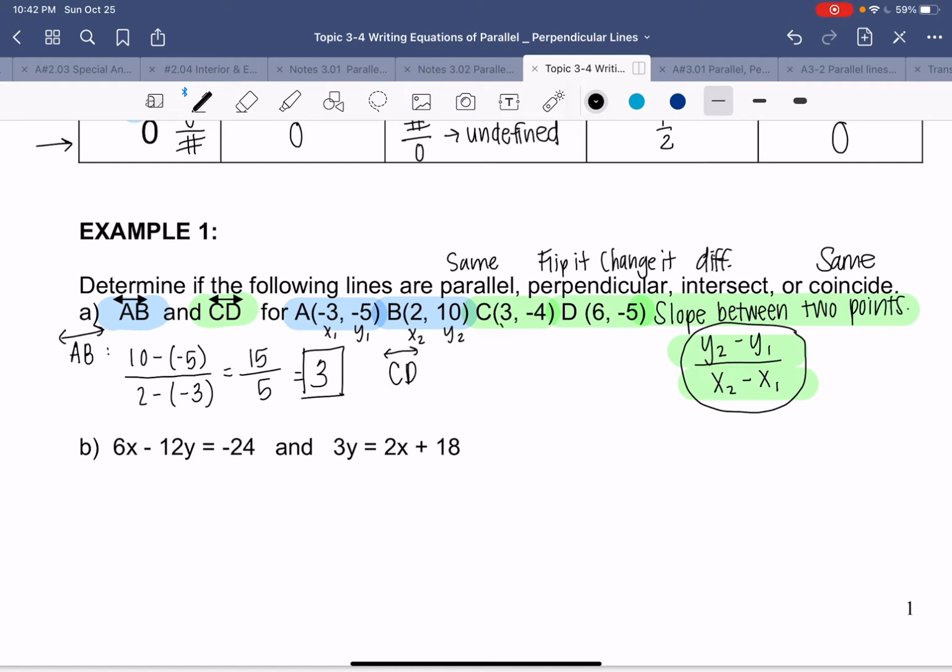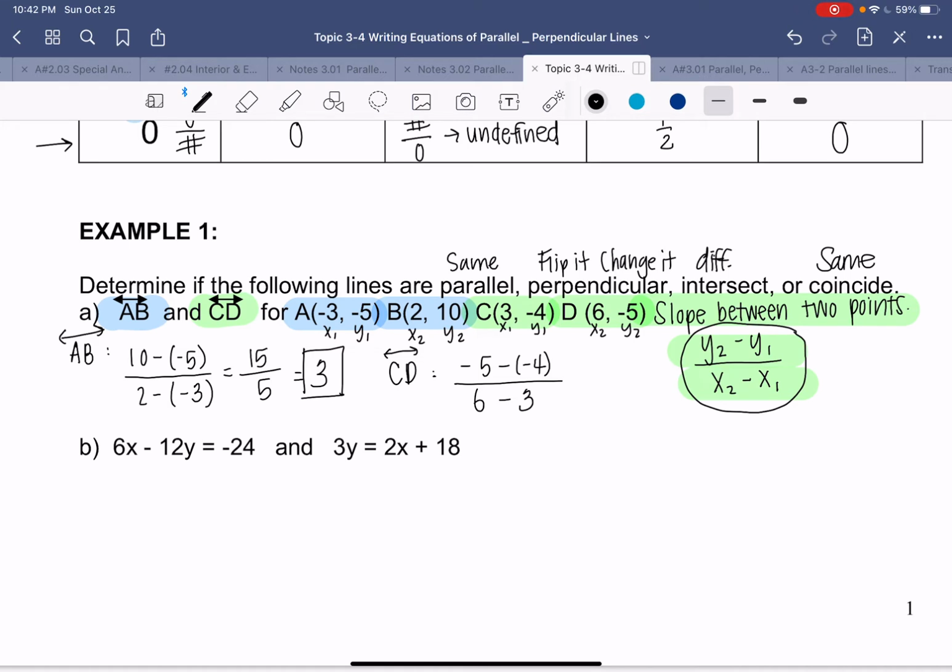So remember, we're going to label our points, x1, y1, x2, y2. Our y2 is -5. Our y1 is -4. Our x2 is 6. And our x1 is 3.